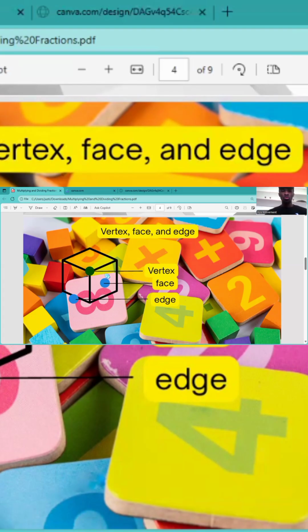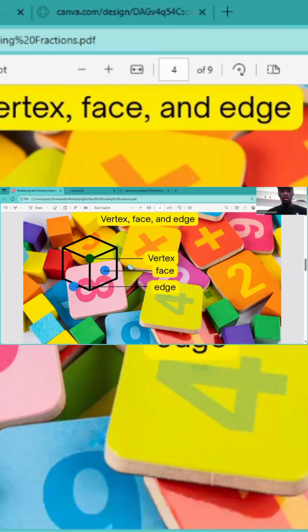Firstly, the vertex is the corner of a shape. How many vertices do you think this cube has? Let us count. It is 1, 2, 3, 4, 5, 6, 7, and the one that you cannot see at the back is 8.